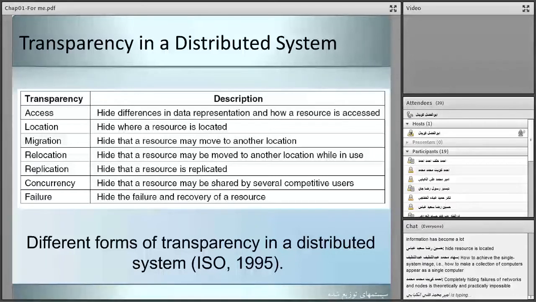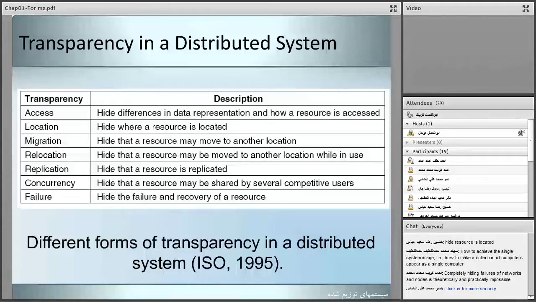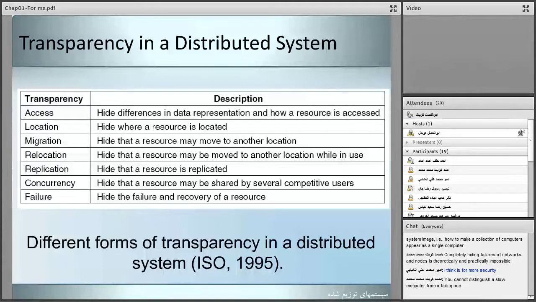For example, if you remember, we talked about online banking. When you are using online banking, you want to transfer money between your accounts. So you use your online banking service. In this situation, I asked you, do you know where the servers are located? The bank servers that store your data, your account information.